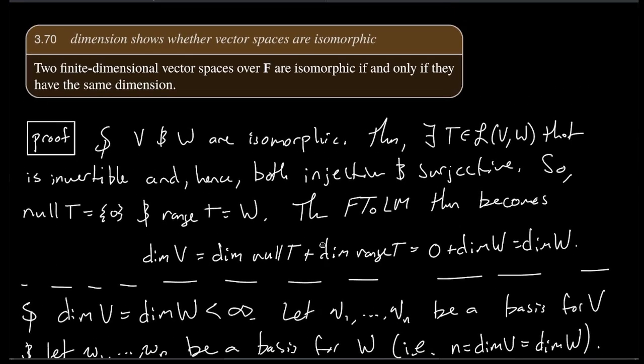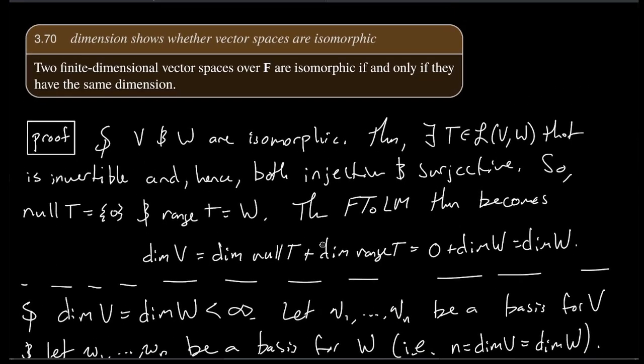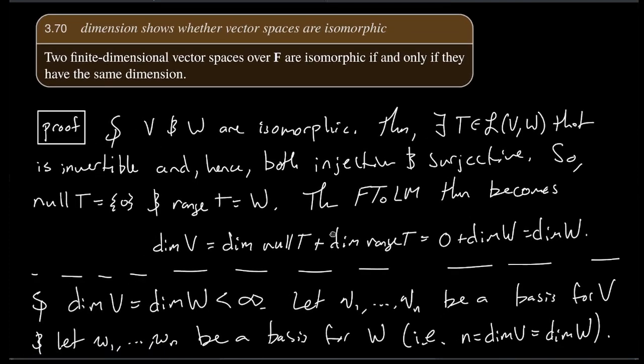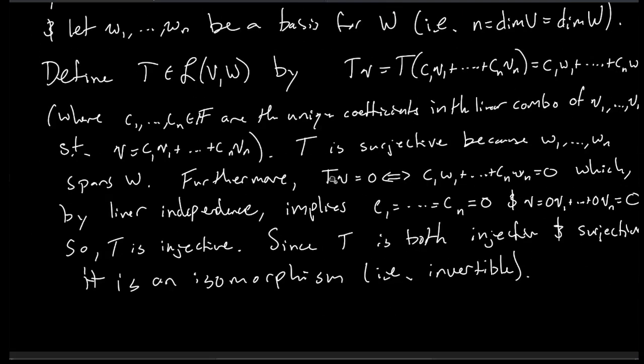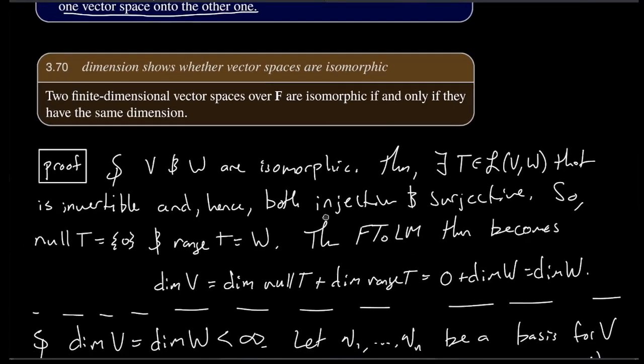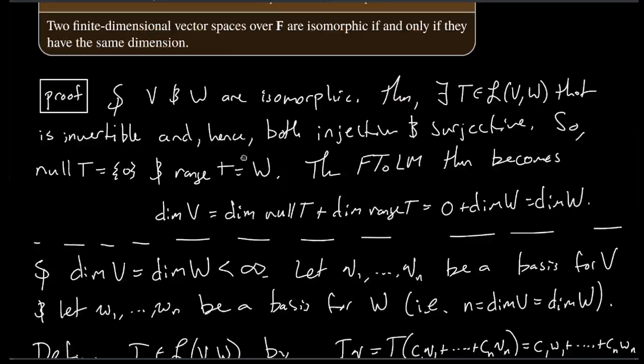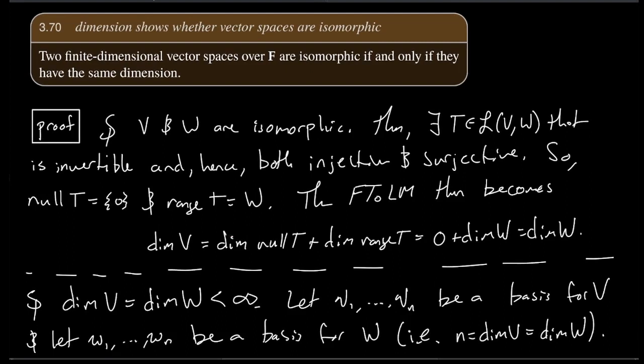We proved that two finite dimensional vector spaces over the same field are isomorphic if and only if they have the same dimension. So for finite dimensional vector spaces, dimension completely characterizes isomorphism. Cool. The proof of this was kind of long, but hopefully not too bad.